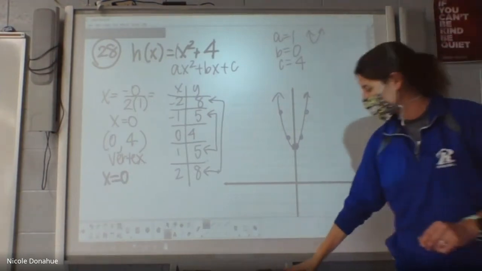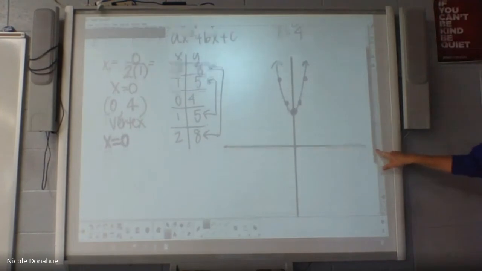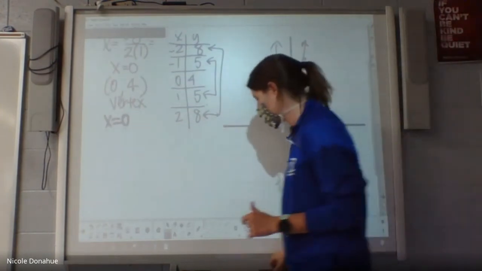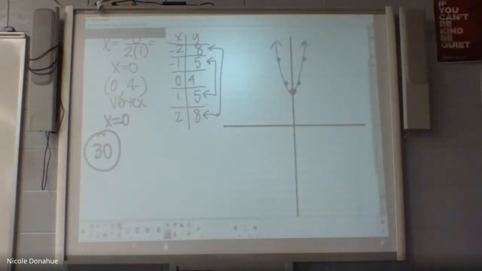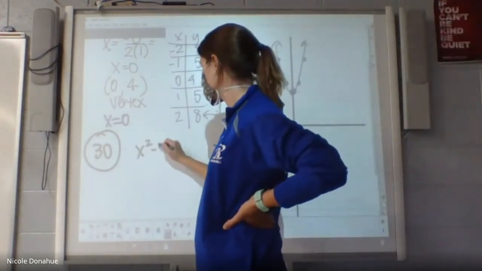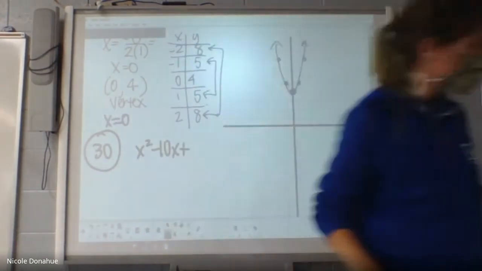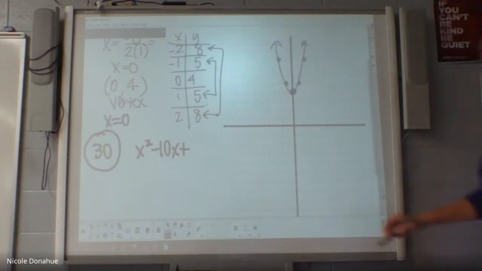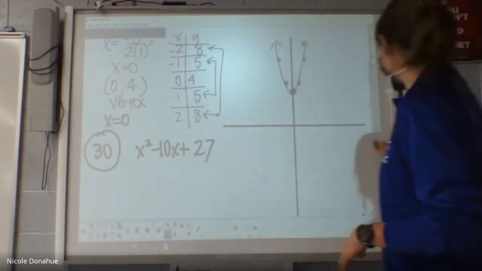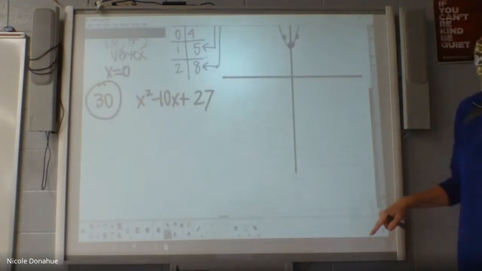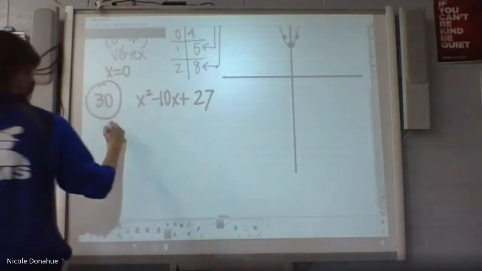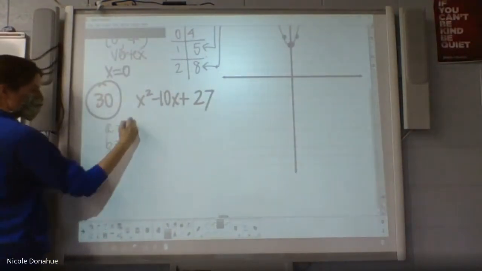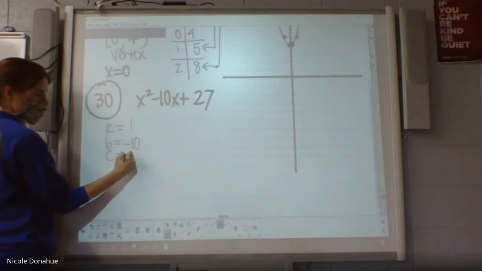I'm going to go down to 30 then. So in 30, is it plus 27 or minus 27? Plus. So in 30, they want us to find again the vertex. We'll list the A, B, and C: 1, negative 10, and then C is 27.